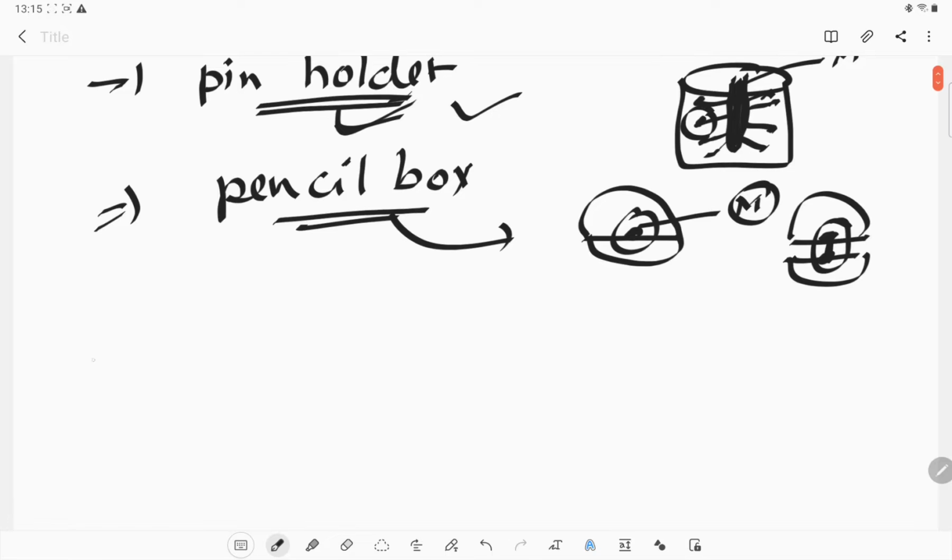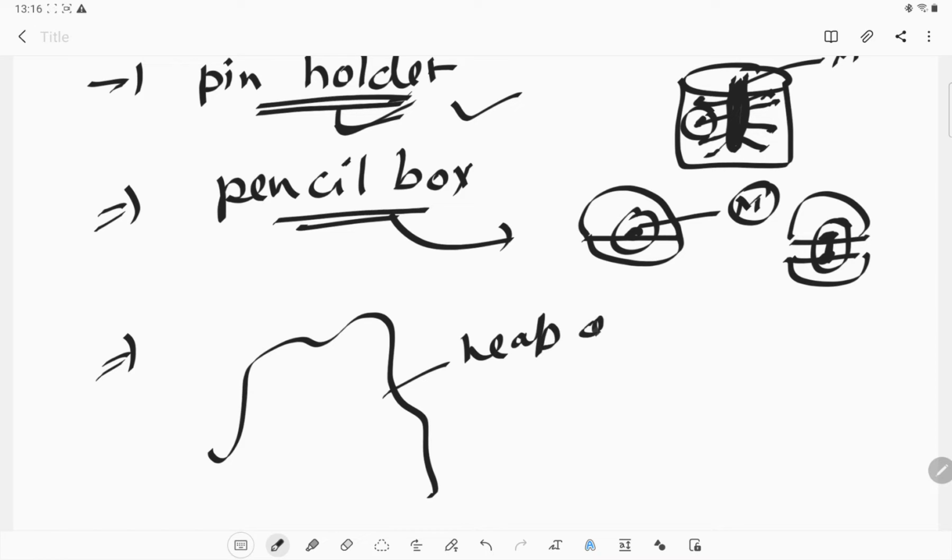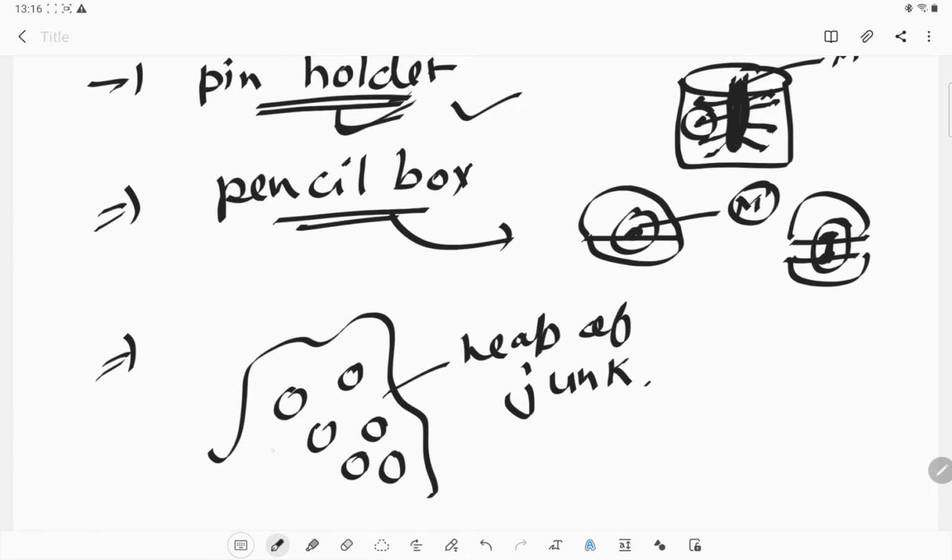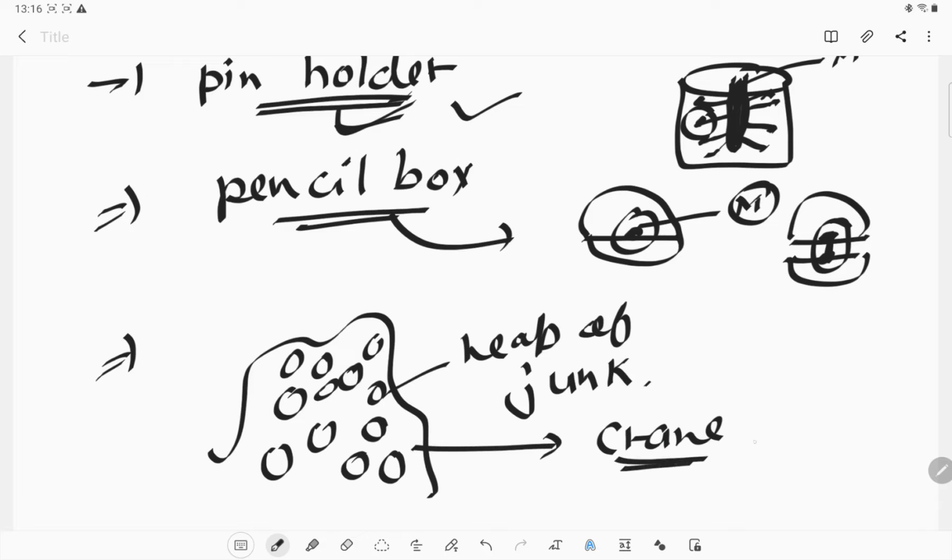Or sometimes we have also seen a heap of junk, and from this we need to find iron filings or any iron material present in the junk. So how can we find it? We can call a crane.